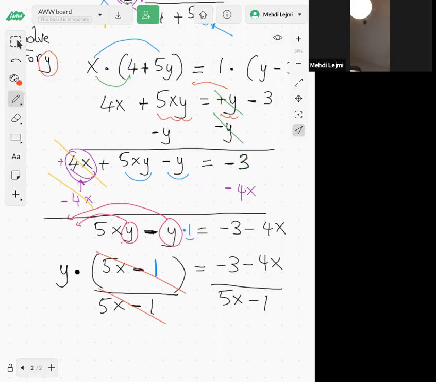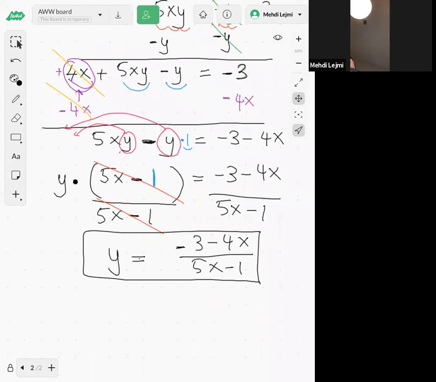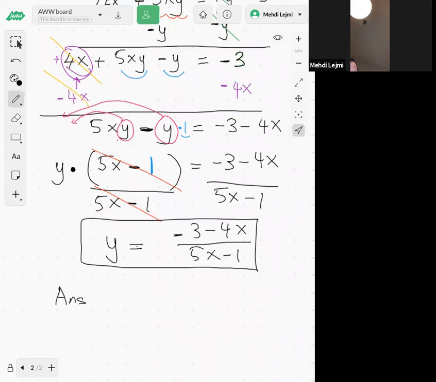So now I'm just left with y on the left equal to this minus 3 minus 4x over 5x minus 1. And that's my inverse function. Answer. So f inverse is this minus 3 minus 4x over 5x minus 1.